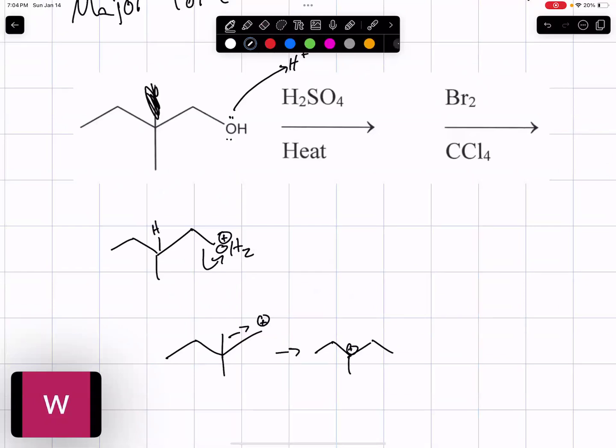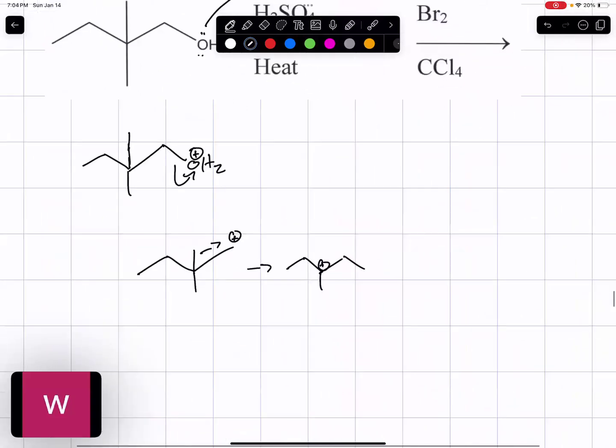Well, then yes, in this case you would have a hydride shift, because what you're creating then is a tertiary carbocation. It's still more stable, right? But since we didn't have that hydrogen there, what was originally there was a methyl group. That's why we do a methyl shift. Okay, thank you. You're welcome.